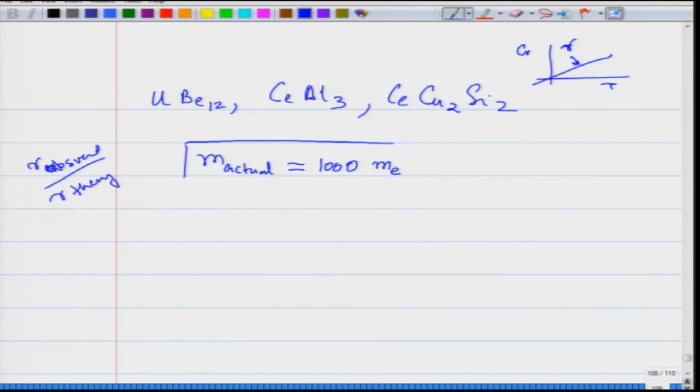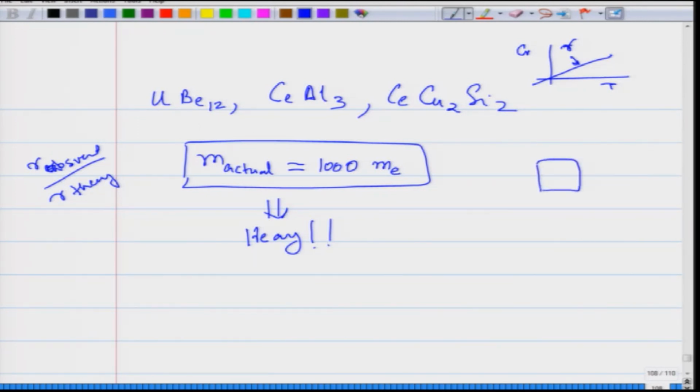So, here the electron really has become heavy. Compared to the free electron mass, the actual electron inside the solid has become as if it is a very heavy particle. Okay. The electron inside the solid is no longer behaving like a free electron moving around freely with a mass me, but its mass has increased, its inertia has increased, and these go by a very famous name which are called heavy fermions.